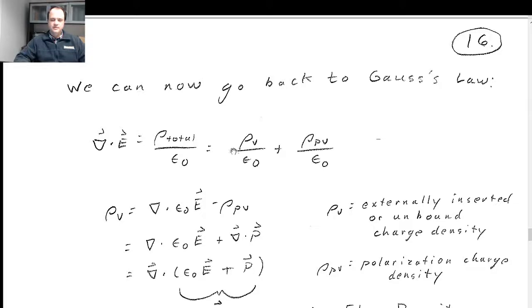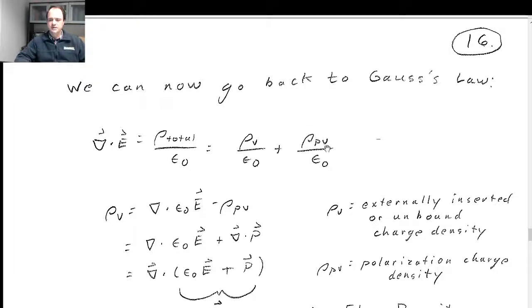One that's free to move everywhere in the material, or externally inputted into the material above and beyond what we have in the molecules. And then a charge concentration or density that's produced by the polarization of the molecules within the material.